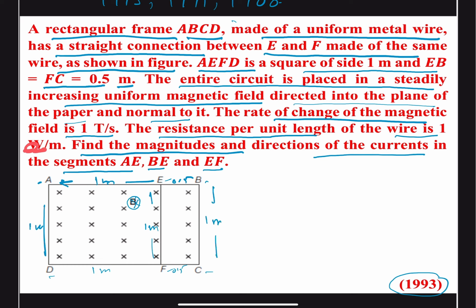And we are given that the rate of change of magnetic field, which is into the paper, is 1 Tesla per second.